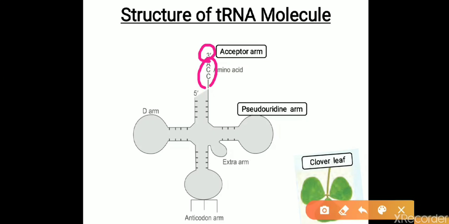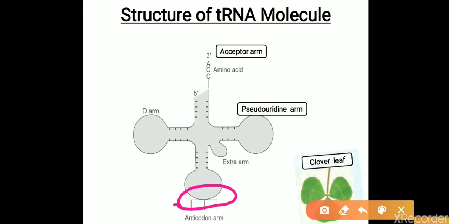So this CCA sequence is present at the 3' end of the tRNA molecule, and this 3' end acts as an acceptor arm. That is, they accept the incoming amino acid from the cytoplasm. And this anticodon arm reads the nucleotide bases present on the mRNA molecule. So actually this tRNA molecule acts as an adapter molecule.